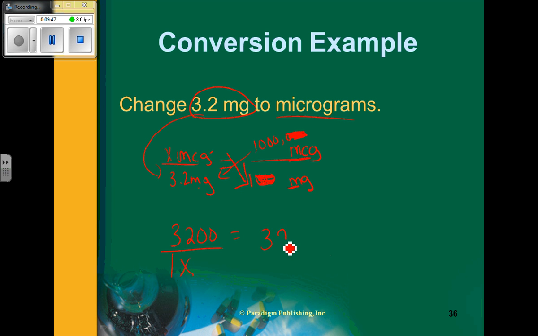And then 3,200 divided by 1 would be 3,200 micrograms. Okay. If you would have moved your decimal over, all you would have had to do is move it over to the right. You go 1, 2, 3, so you have to add in 2 zeros, and it made it 3,200.